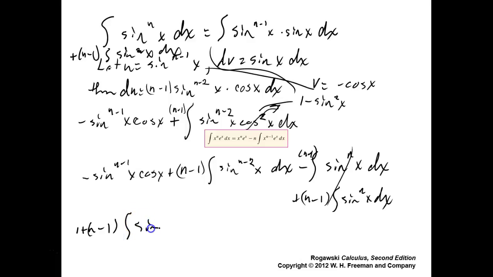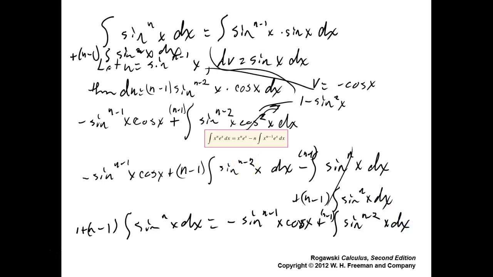Times the integral of sine nth x dx is equal to the right-hand side, which is right here: minus sine to the n minus 1 x cosine x, plus n minus 1 times the integral of sine to the n minus 2 x dx.